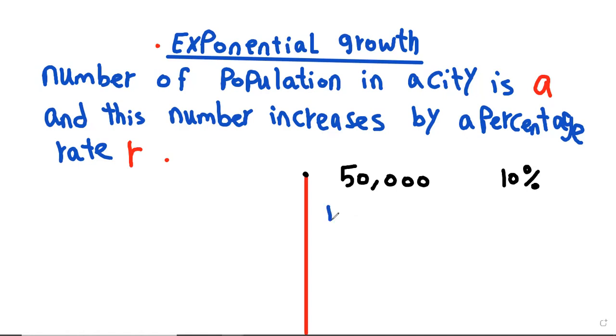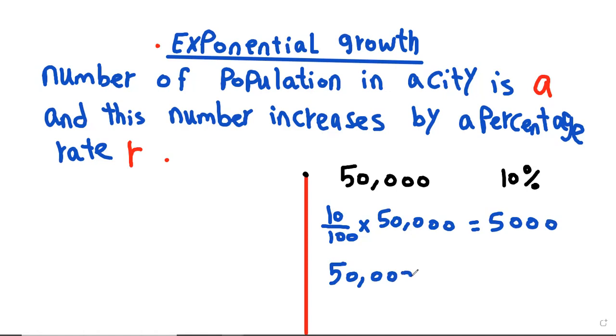So 10% of 50,000 is 10 over 100 times 50,000. It will be 5,000. Then after 1 year, the population will be 50,000 plus 5,000, so it's going to be 55,000.